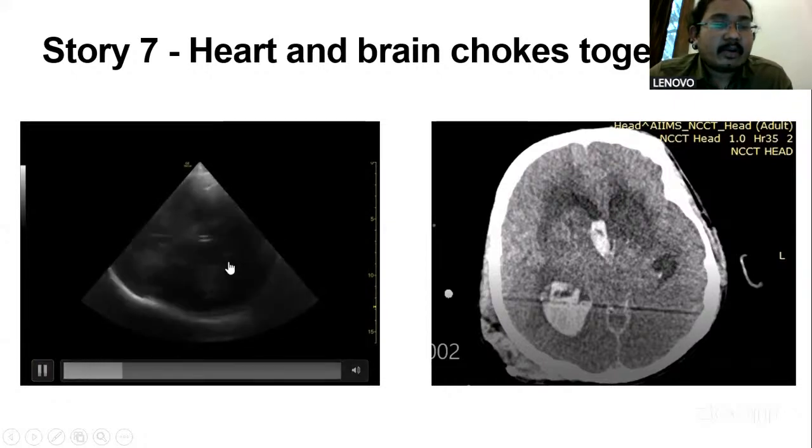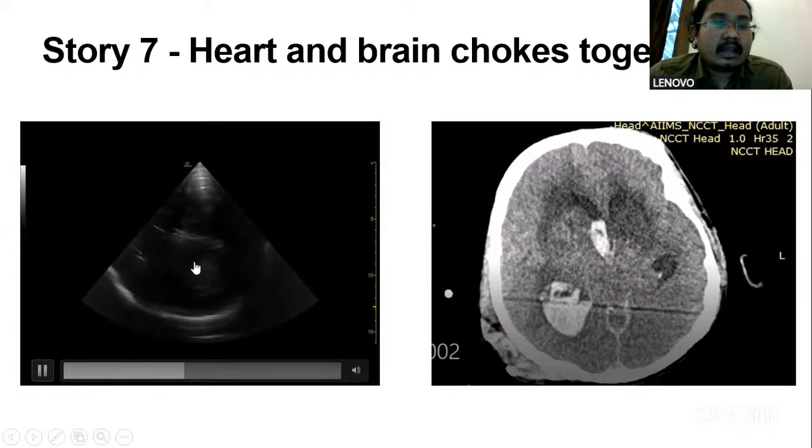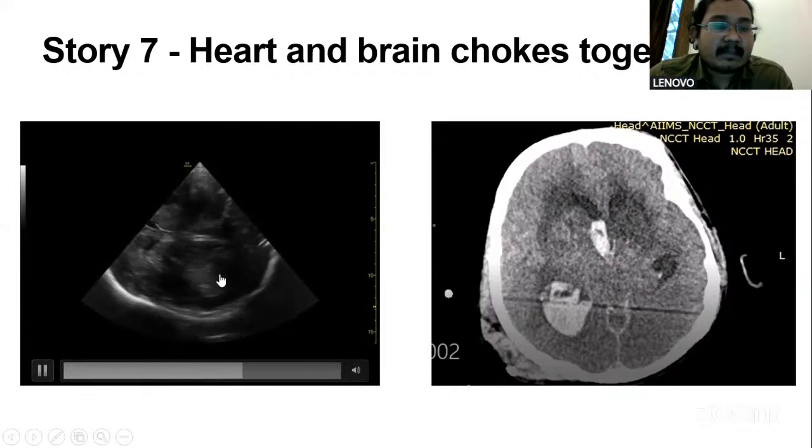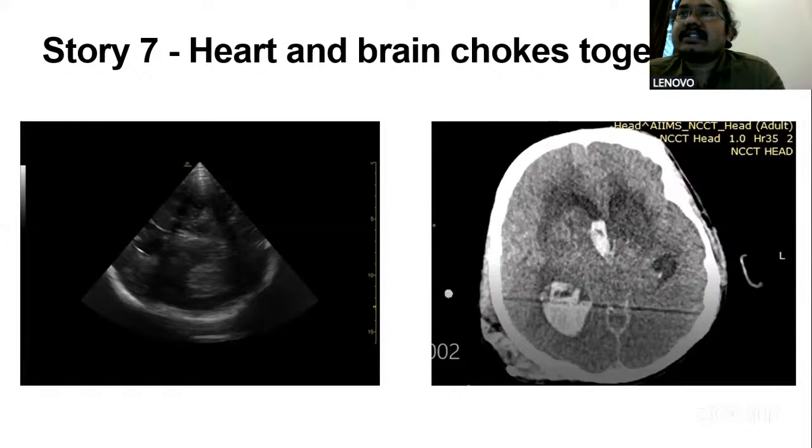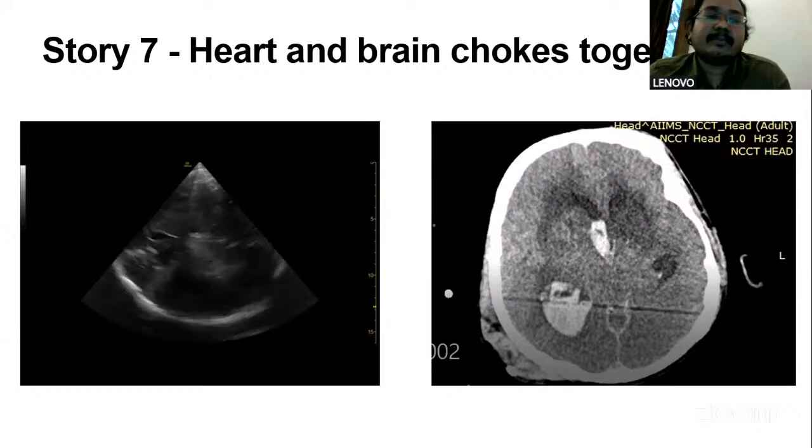We found that a new onset bleed had happened inside the brain, and we could confirm the same bleed with the CT scan. This has taught us that ICH rarely but definitely can trigger malignant arrhythmias as well as raised ICP that can push the patient into sudden cardiac arrest in the ICUs. So apart from 5Hs and 5Ts, sometimes in neurological patients keep ICH as a cause of cardiac arrest in mind.